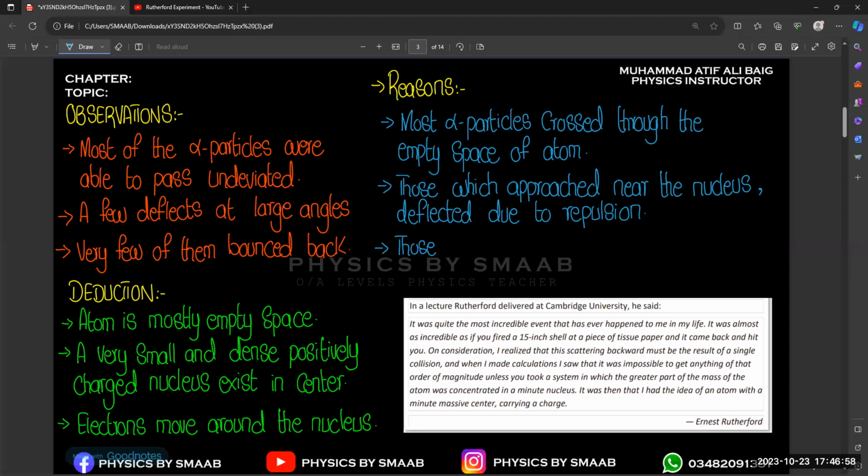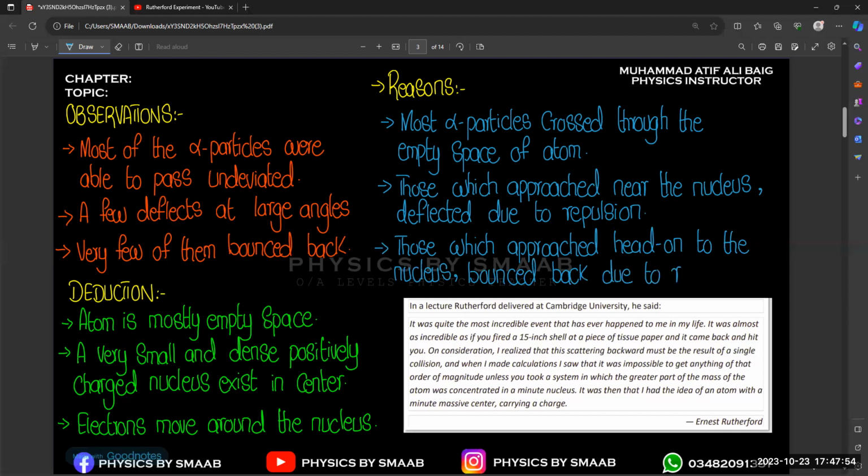And the last point, those which approached, we can say the boundary of the nucleus, approach to the nucleus, they just bounce back due to repulsion, right?